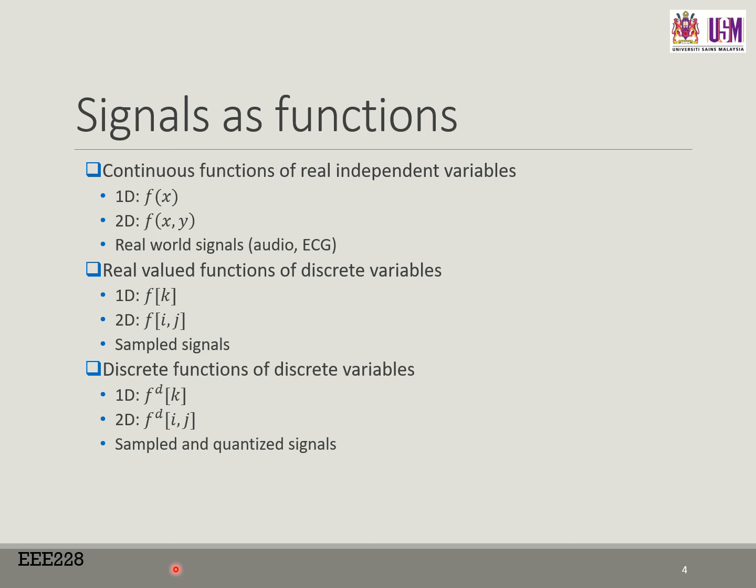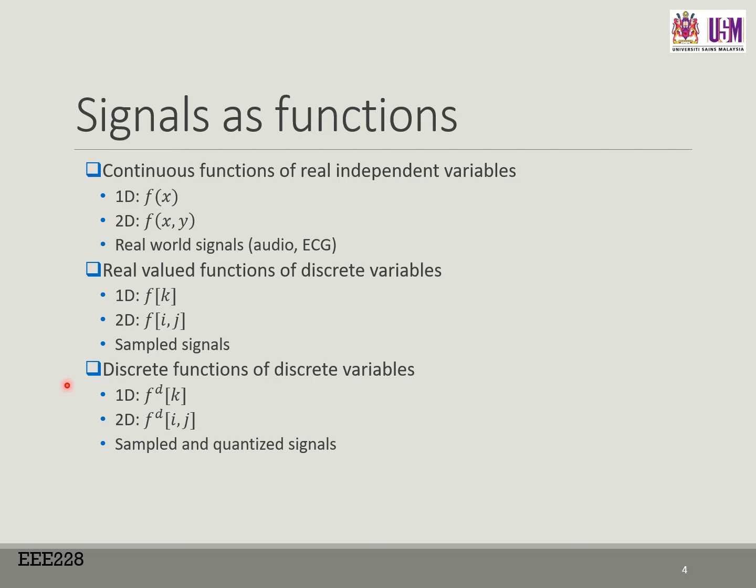Signals are functions that exist in many forms. If you look at the examples that I've shown you in the previous slide more carefully, they can be categorized into several types. For example, they can be continuous functions of real independent variables, or real valued functions of discrete variables, or they can also be discrete functions of discrete variables. And these signals can be one-dimensional, two-dimensional, or even higher dimension.